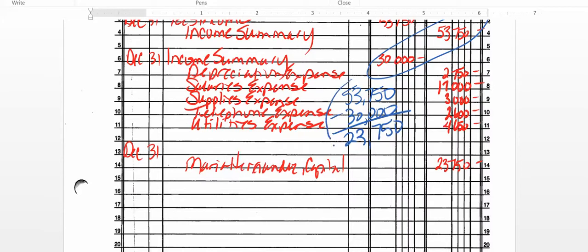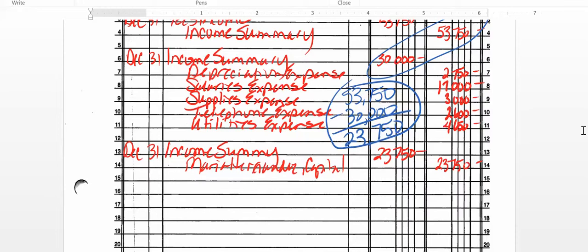This is just a pretend, that's not their number, but just so you can see how we calculated that. All right, and then we put that in income summary. And now income summary should be empty. So see, we used that account for 5 minutes. A little longer because of my talking, but really it doesn't last very long.